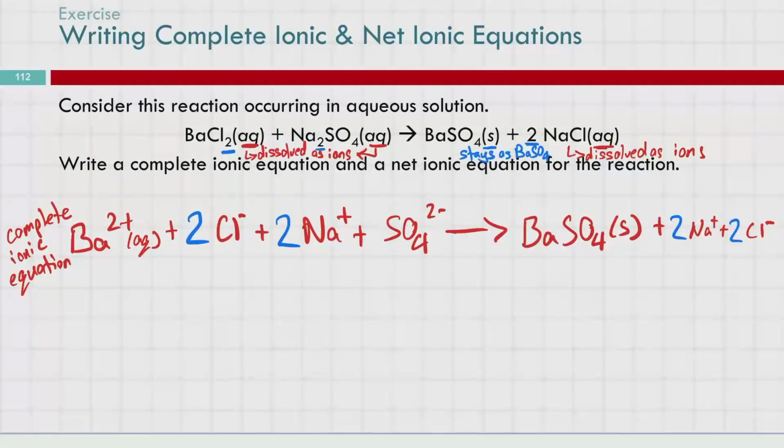What do we do to get to our net ionic equation? What are we removing? We're removing our spectators, which are the ones that didn't participate. So now we get to play a spot the differences game with our chemical equation. What's the same on the left side as it is on the right side?